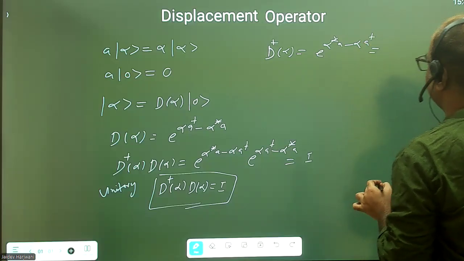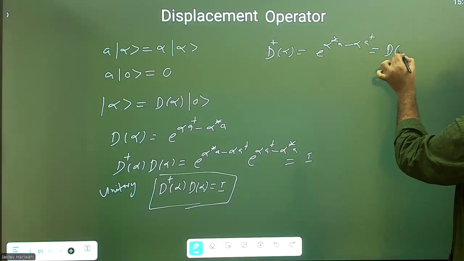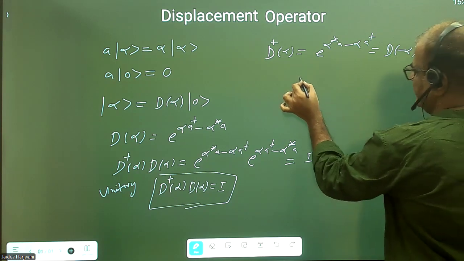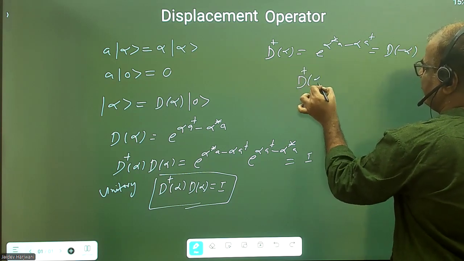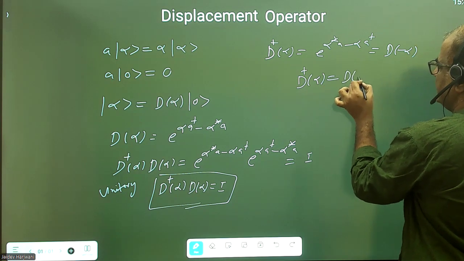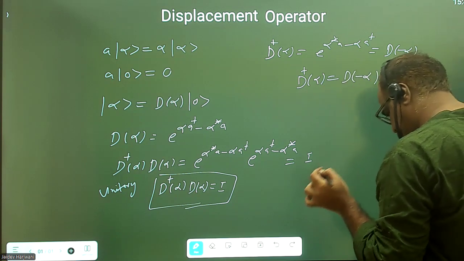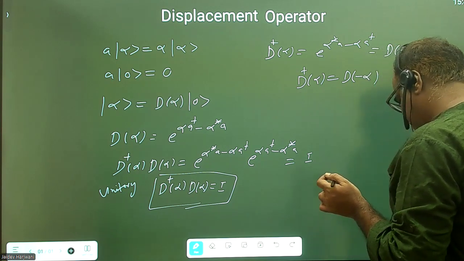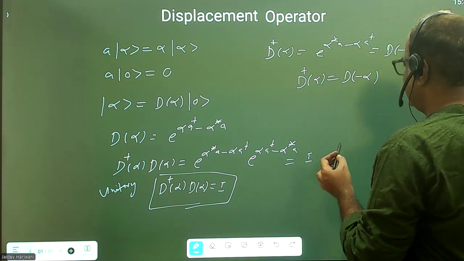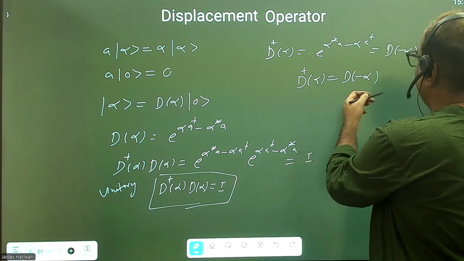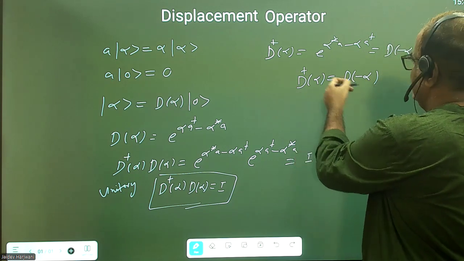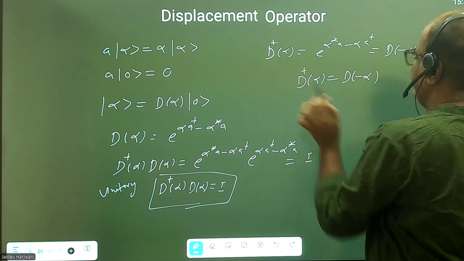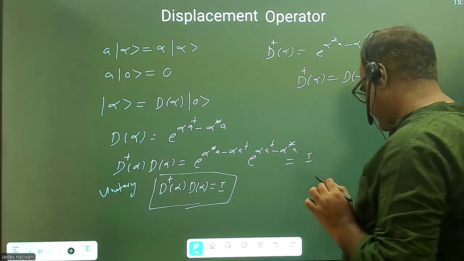This is equal to D minus alpha. That means if you displace by alpha and then you come back, displacing again by minus alpha, you reach the same state.